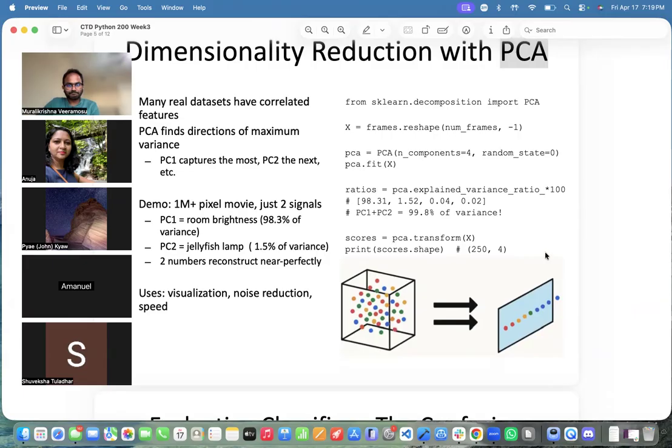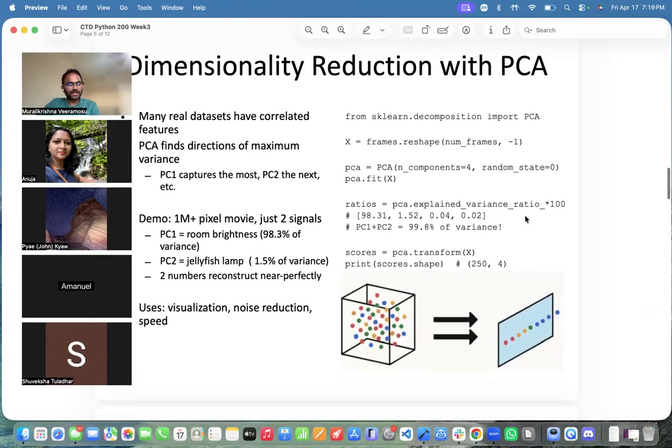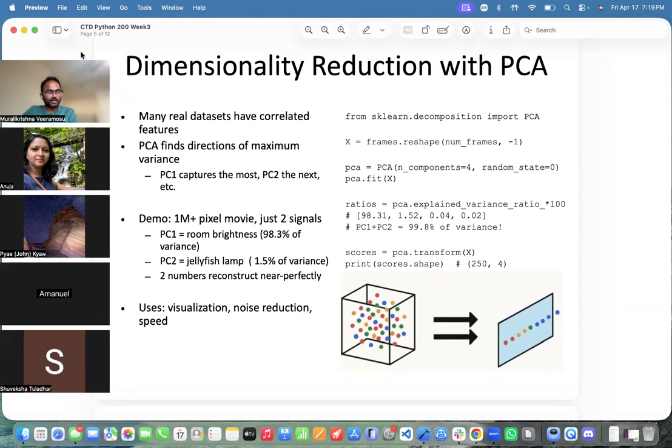Sometimes it's definitely required in machine learning, right? So how do we reduce from 100 features to 2 features?